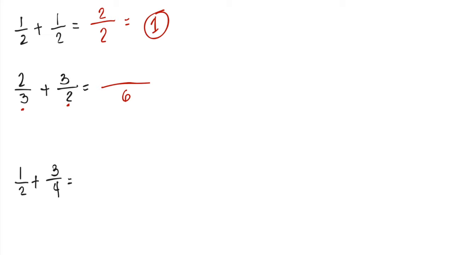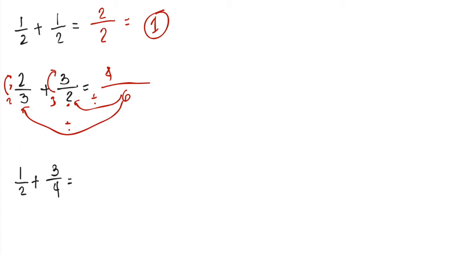Now the next step is, from your LCD, divide this by the first denominator, which is 3, and then multiply your quotient, that's 2, to your numerator. So 6 divided by 3 is 2, times 2, we have 4. Now let's do the same to the second term. 6 divided by 2 is equal to 3, and 3 times 3 is equal to 9.